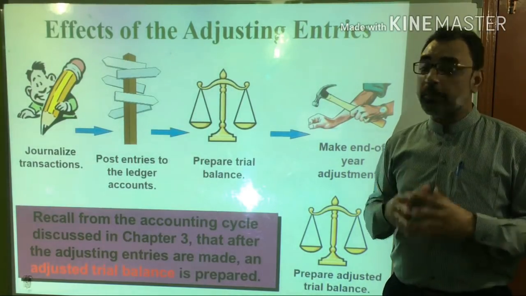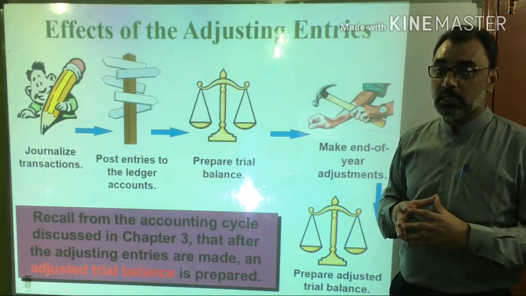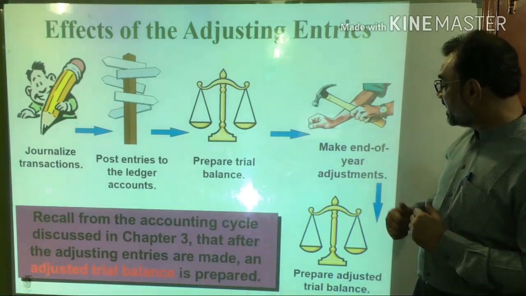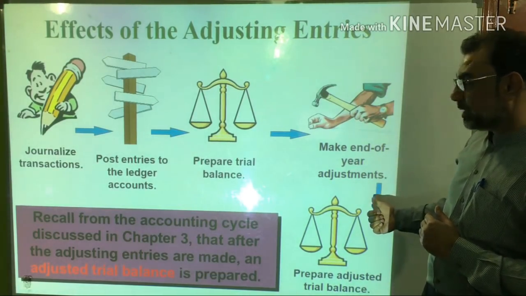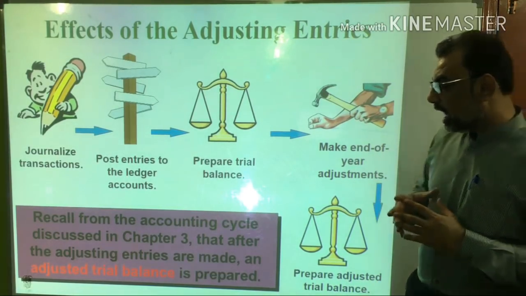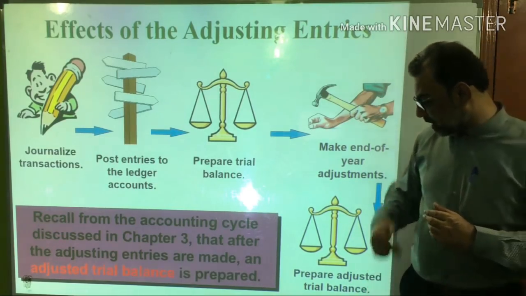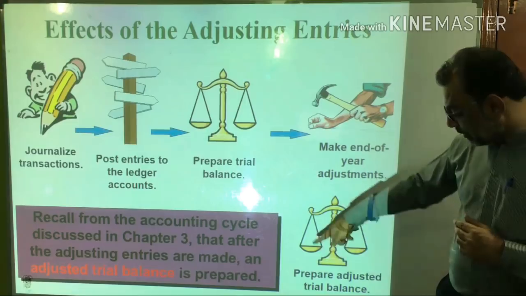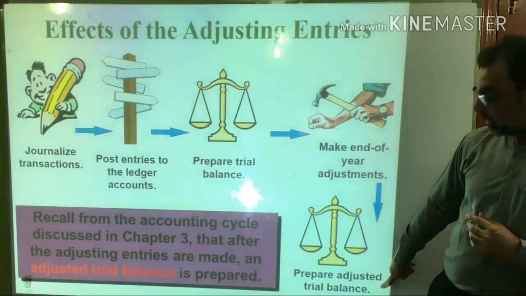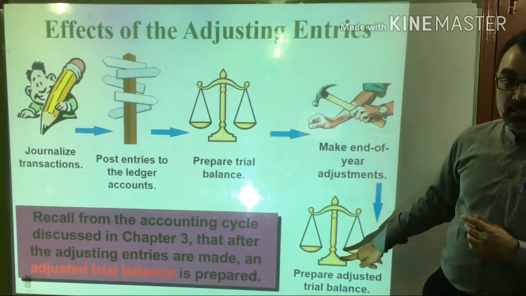And after preparing the pre-adjusted trial balance, now the fourth step is to make end of year adjustments. So after adjusting entries, we will move on to the next part in our upcoming lecture, that is we will prepare the adjusted trial balance after making the adjustments.